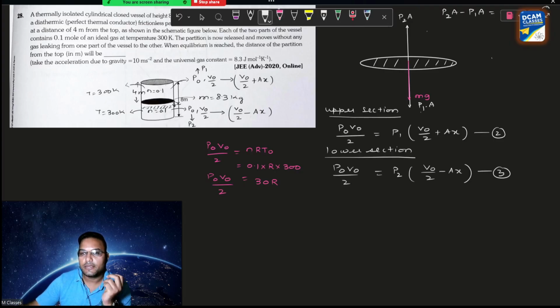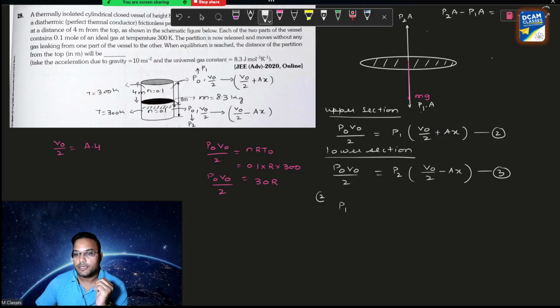Again, I can rewrite this also. V naught by 2 is equal to A into 4. Half is area into 4 meter. So I can write the value of P1 from here.